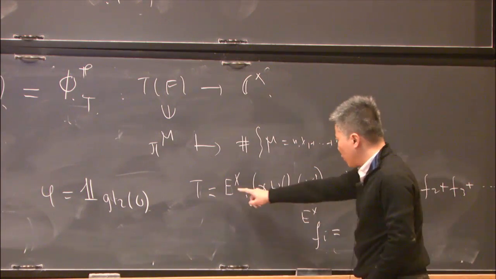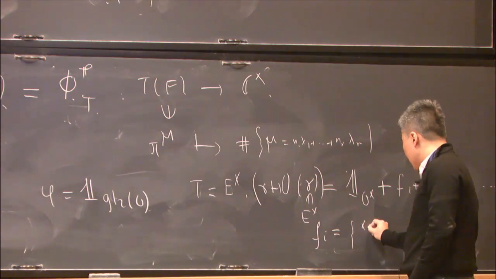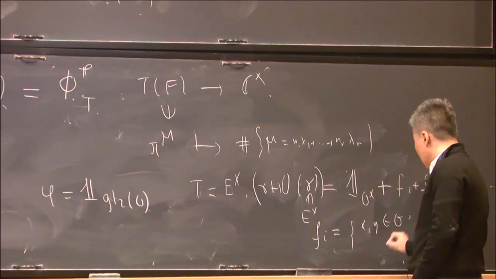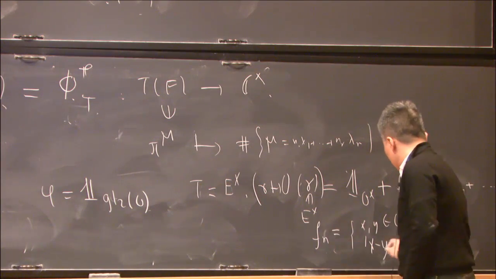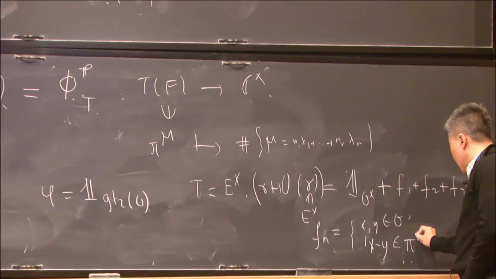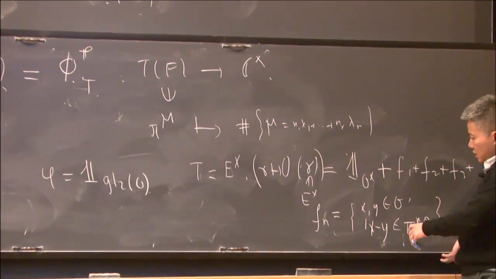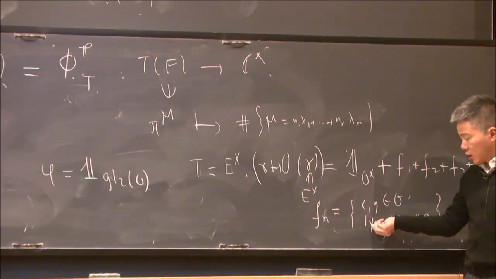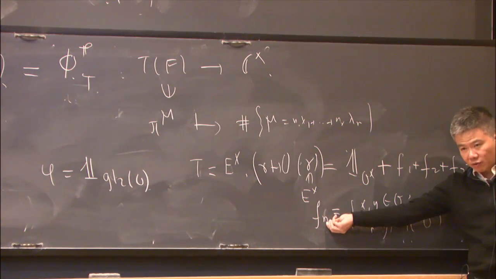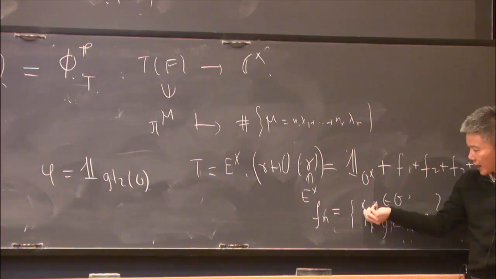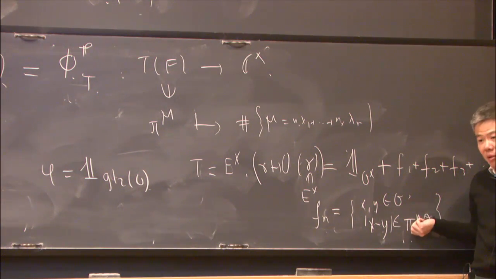I got confused with E, but let's try with the split torus. That would be x and y in O, and x minus y in P, in O, right? So this is a discriminant, right? The eigenvalues are close, right? And Fn would be the characteristic function of the place where x and y are in O, but the difference is divisible by p to the n.